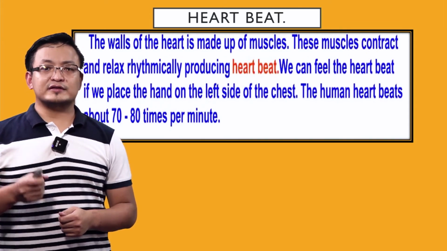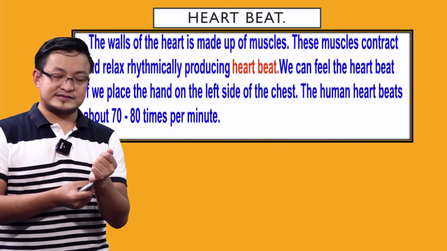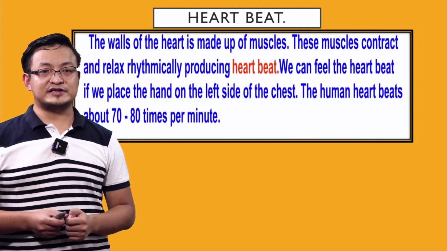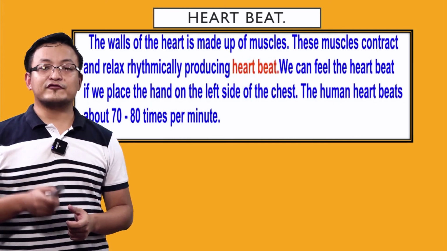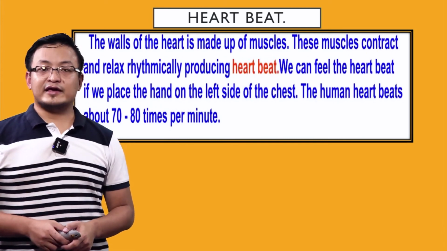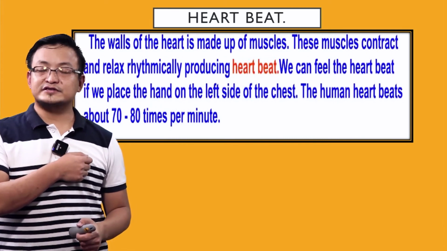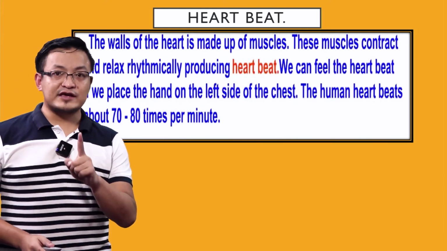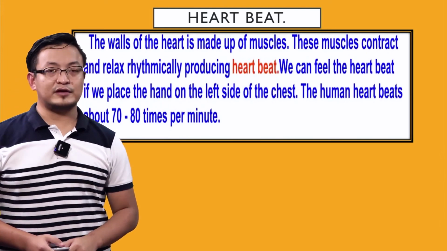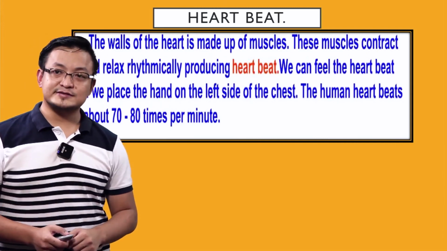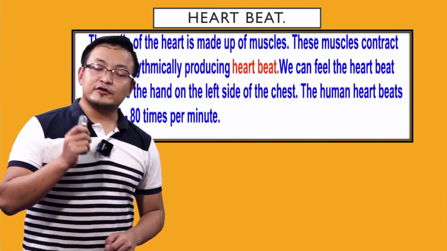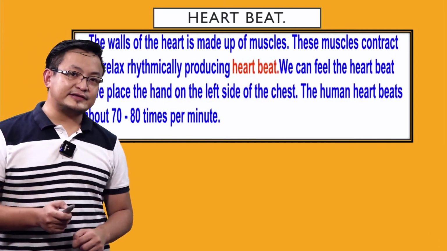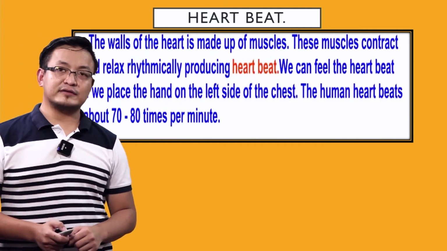We can feel the heartbeat if we place the hand on the left side of the chest. And students, the human heart beats about 70 to 80 times per minute. You have to know this.